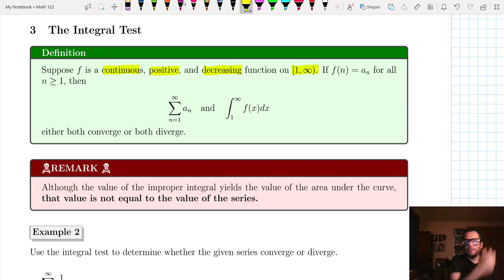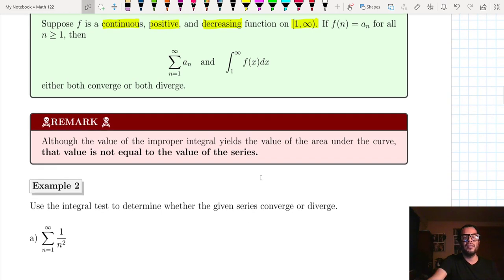Okay, so we are going to convert the given sequence into the related f of x and evaluate the improper integral. If the improper integral converges, then the series converges. Otherwise, if the improper integral diverges, then the series diverges.